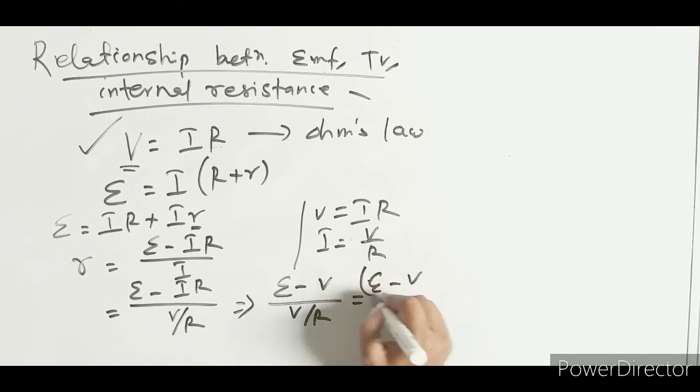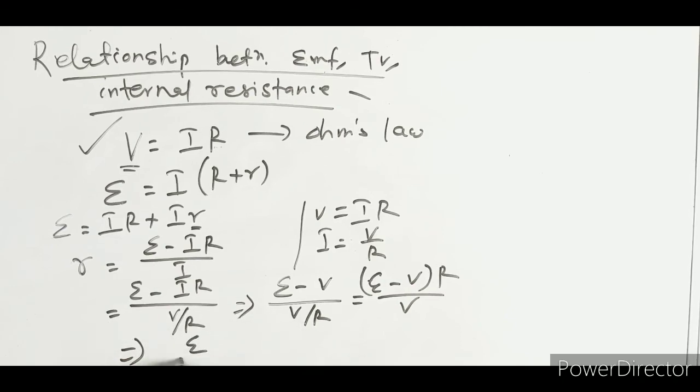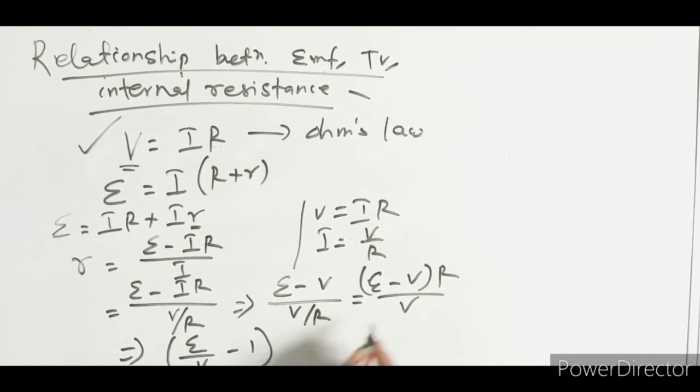E minus V by R divided by V by R. Clear? So I can represent E by V minus 1, because V by V into R. So I can write small r equals (E by V minus 1) R.